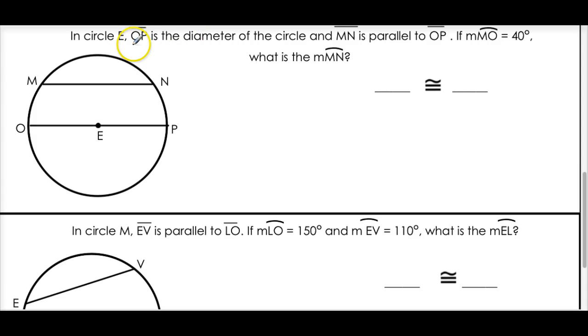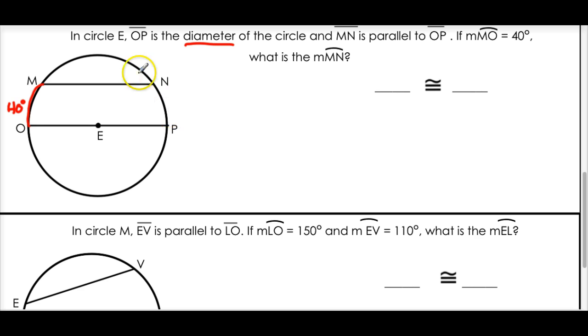All right, let's get a little harder up in here. 2. In circle E, OP is the diameter of the circle, and MN is parallel to OP. So we got our two lines right here. They're both chords, and we know that OP is the diameter. If the measure of MO is 40 degrees, what is the measure of MN?